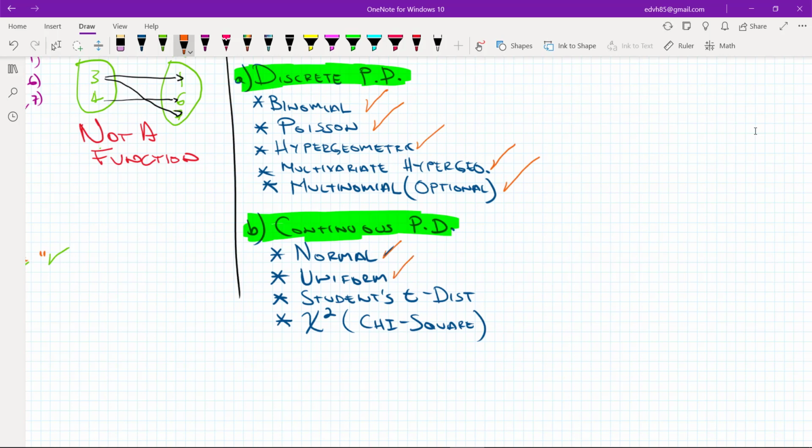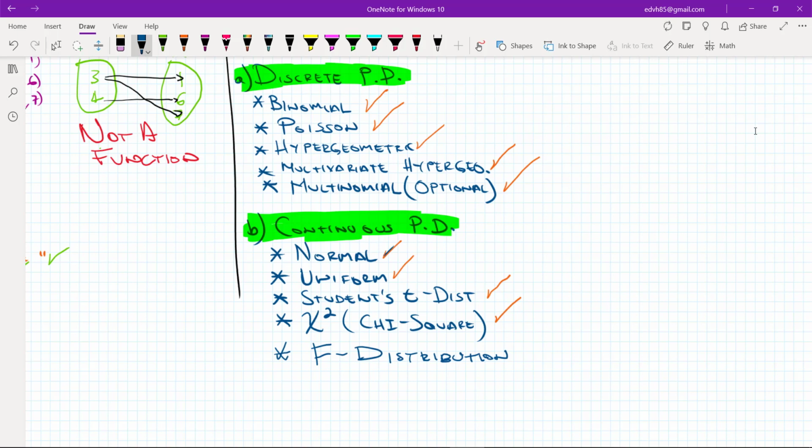Then we're going to do the uniform distribution, and then other distributions such as the student's t distribution, the chi-square distribution, and one more that I forgot to write down here, the F distribution. The normal distribution and the student t distribution we're going to use for finding confidence intervals, or estimations, and for basic hypothesis testing.